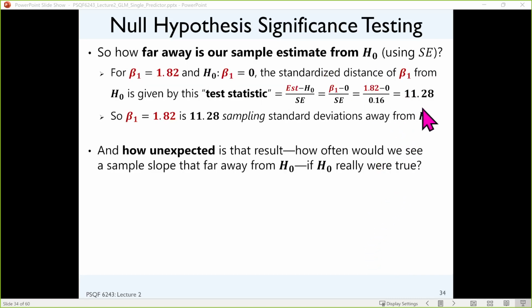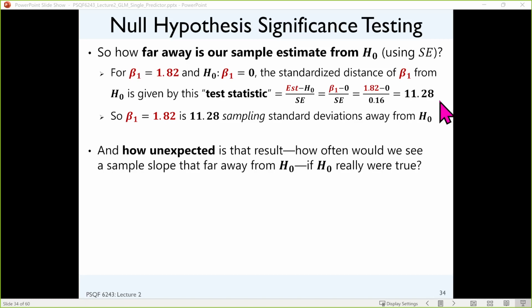So repeating the math at the top of the slide here. What is this number telling us? In a nutshell, it is telling us that our slope of 1.82 is 11.28 standard deviations away from the null with respect to the slope's sampling distribution. That's kind of a mouthful.